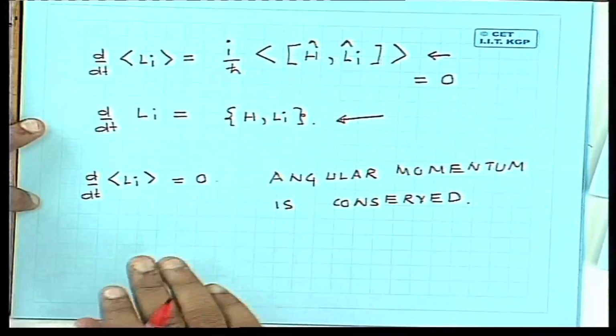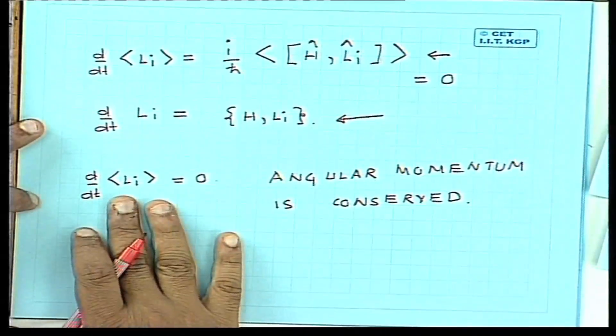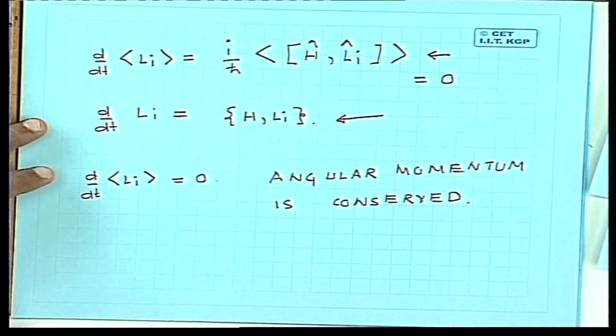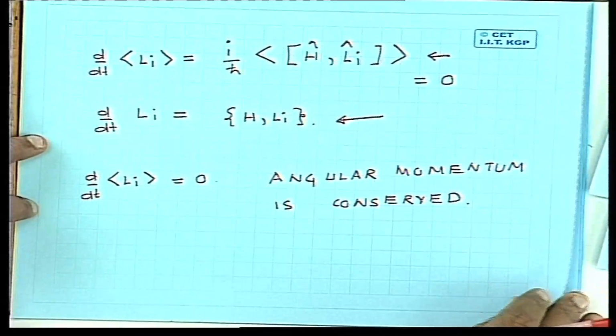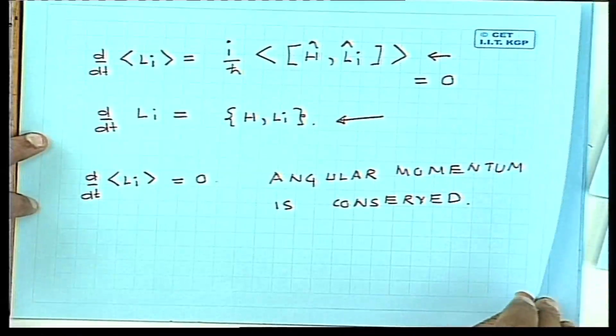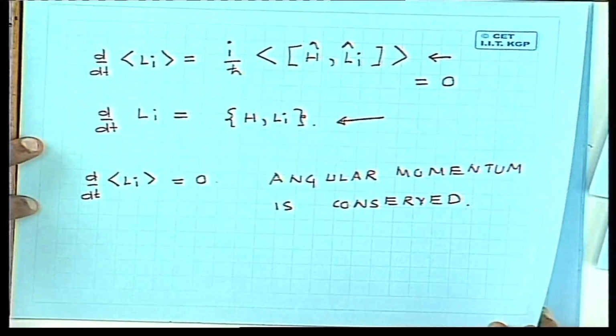It remains constant as the particle evolves. Not only for angular momentum, but for any conserved quantity in classical mechanics, you have a similar fact in quantum mechanics. So this is one direct consequence of the commutation relation between these angular momentum operators and L squared. Now let us look at another consequence of this fact.